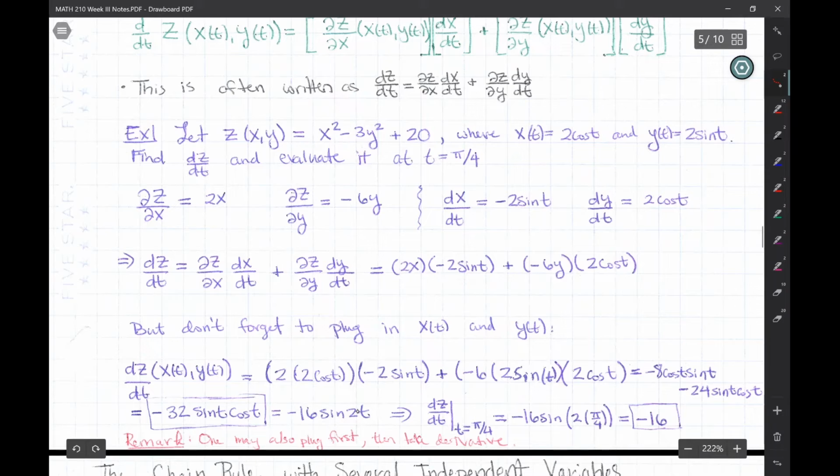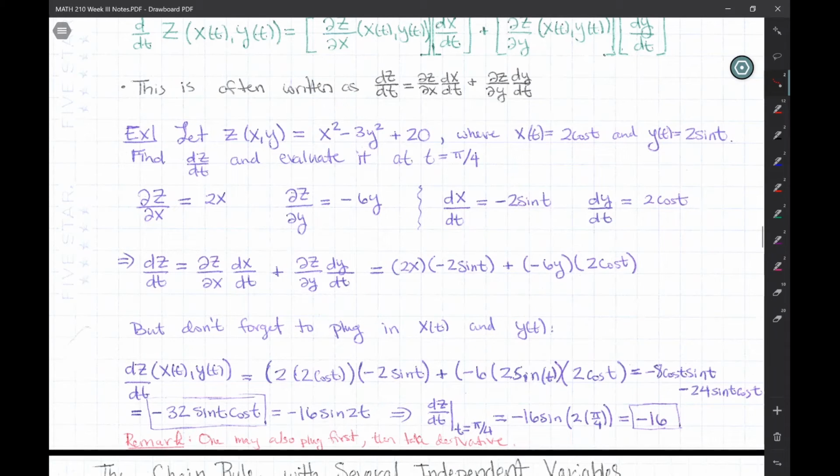This is the derivative of z with respect to t at an arbitrary t. We would like it at t equals pi over 4, so you just plug in pi over 4, and you get minus 16.